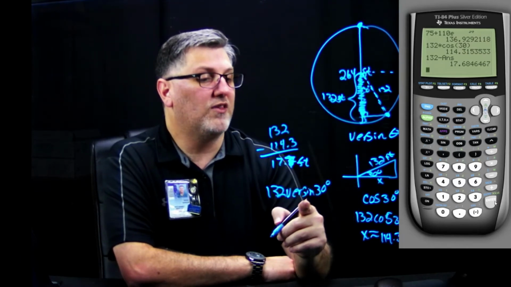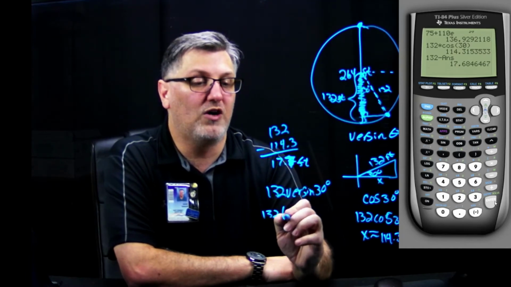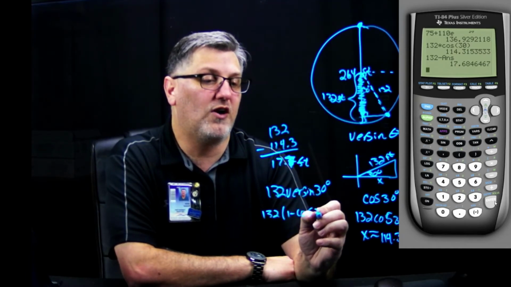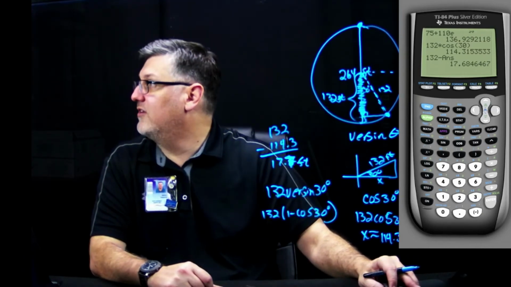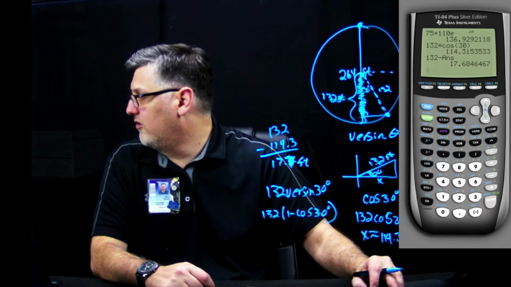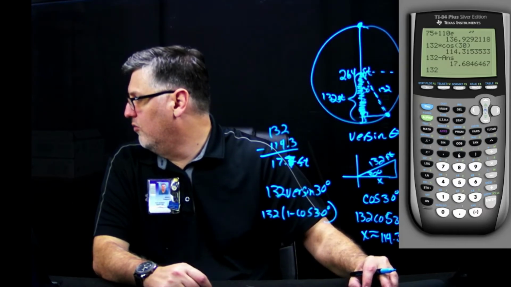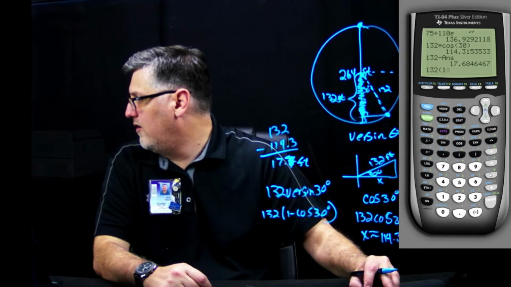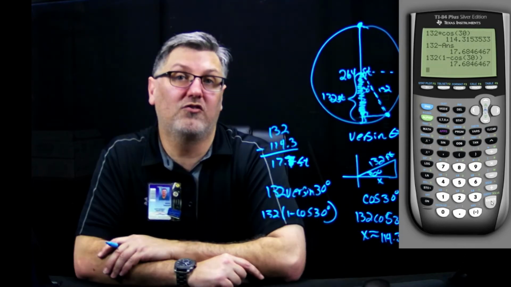Now versine is not built into the calculator, so I have to do 132 times 1 minus cosine 30 degrees, and it should spit out the same answer. So let's look. We do 132 times 1 minus cosine 30 degrees, and we get the exact same answer.